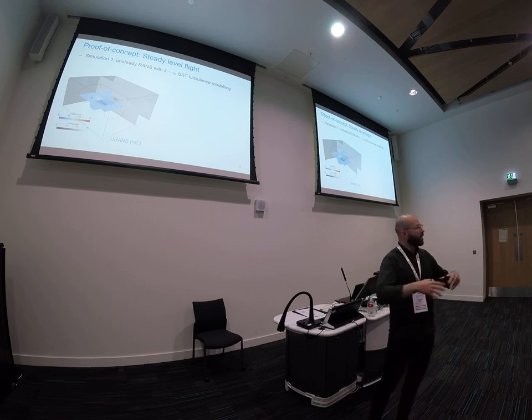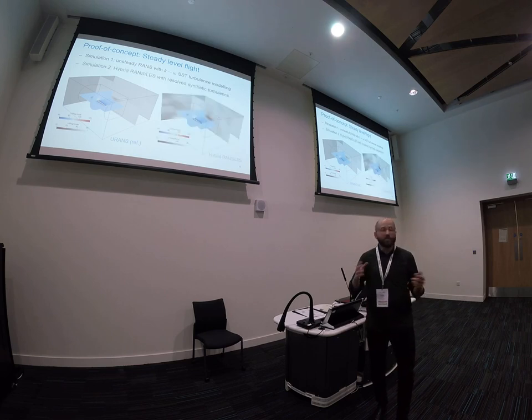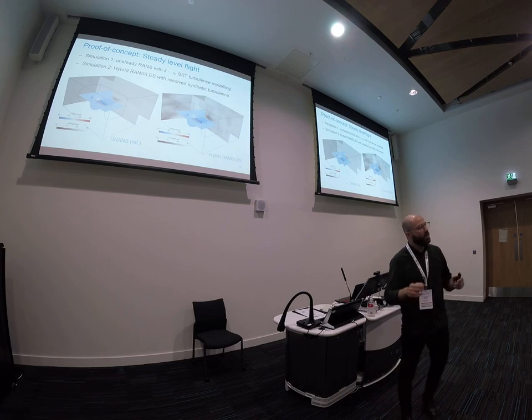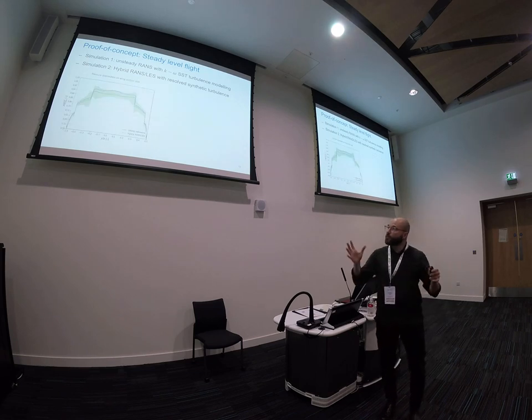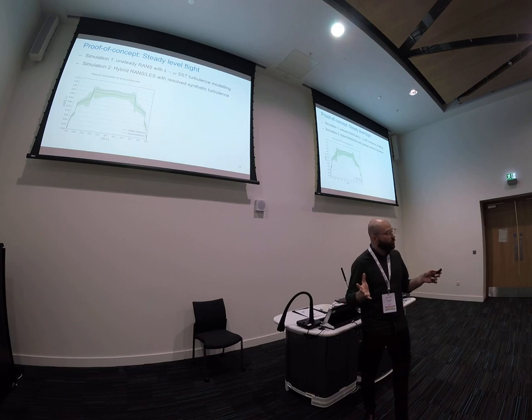This represents the relative wind speed that the aircraft would see, with a turbulence intensity of about 1%. The second simulation is this hybrid RANS-LES simulation with resolved turbulence. So I can give you some results of what we've been able to capture with this approach so far.